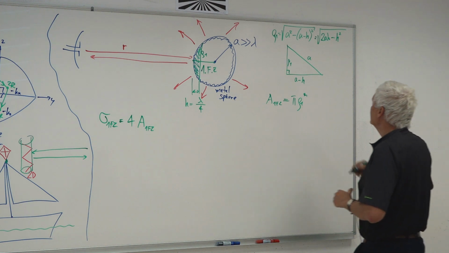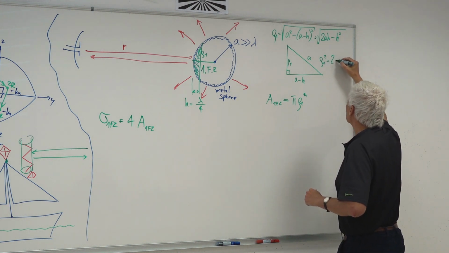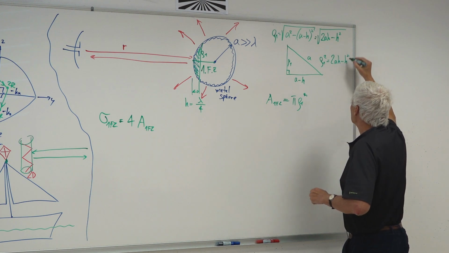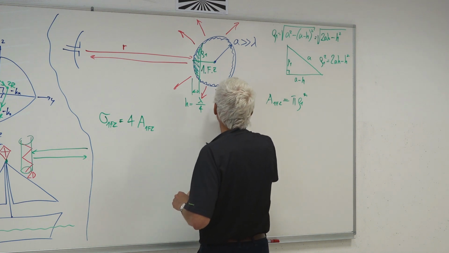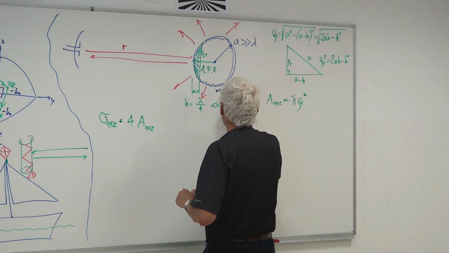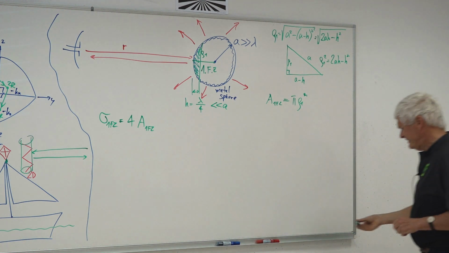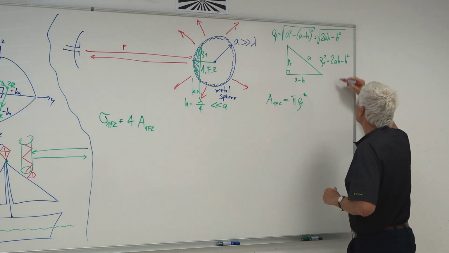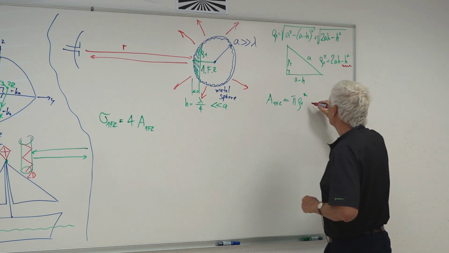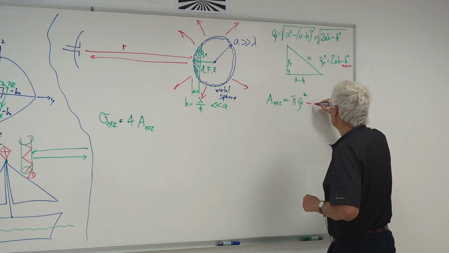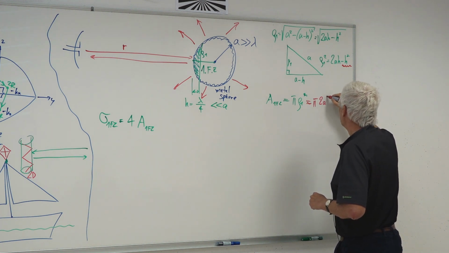Now, rho 1 squared is this thing without the square root, 2AH minus H squared, where I know what H is. And I know that H is much smaller than A because of my requirement up here, so I can neglect this term. So this is approximately pi times 2AH.